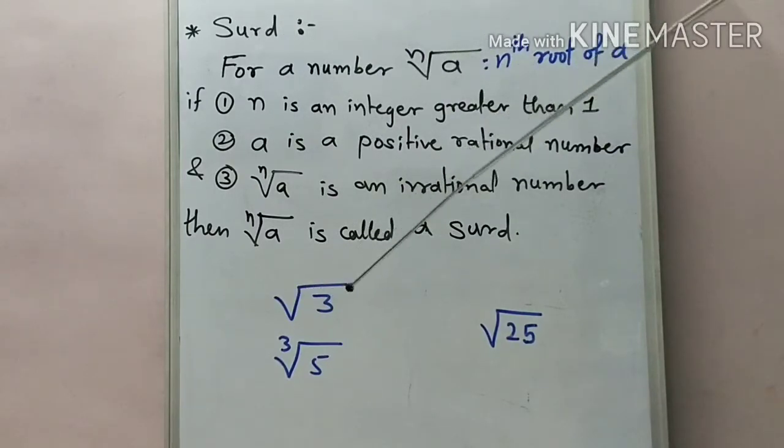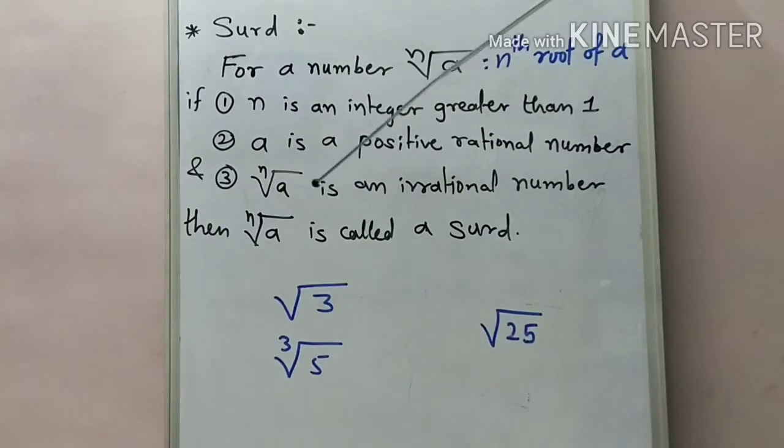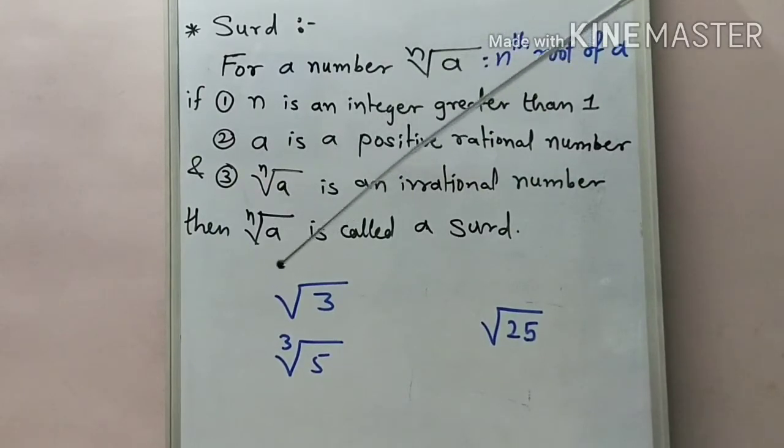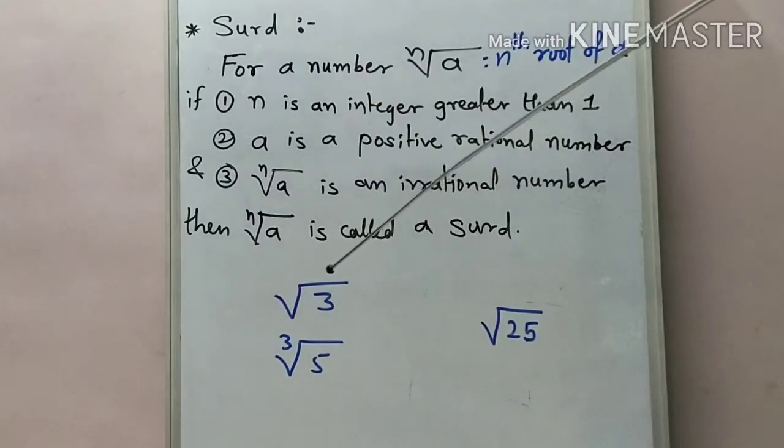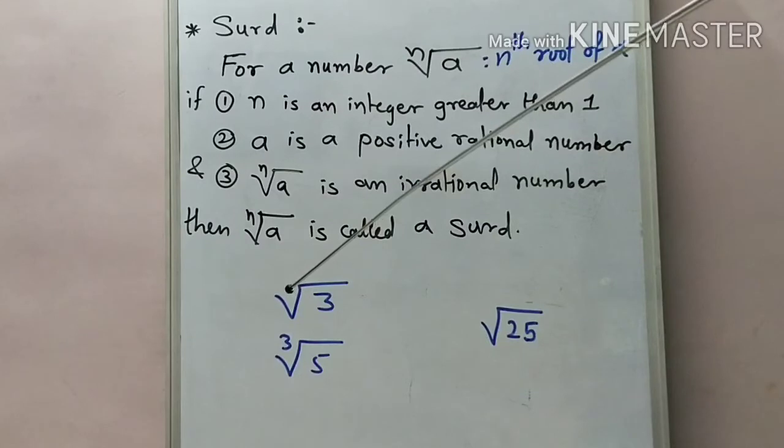So let's take these three examples so we can understand this concept clearly. Okay, first number is root 3. First condition: n is an integer greater than 1. Here no number is given, which means we consider it as 2, and 2 is an integer greater than 1.